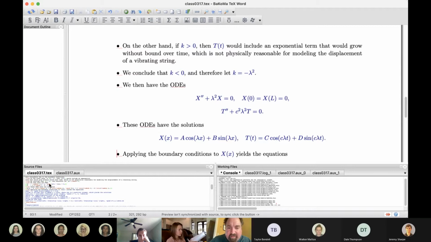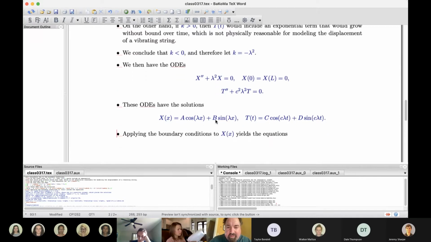So now for boundary conditions, we set x equals 0 and x equals L in here. So like before, lambda L has to be an integer multiple of pi.